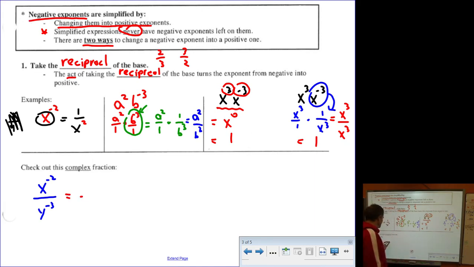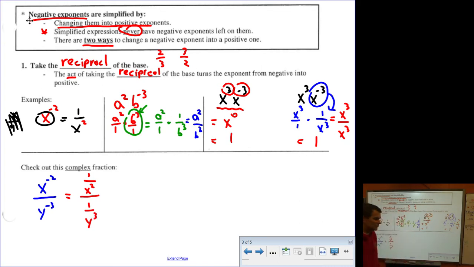So, what is the reciprocal of x to the negative second? Well, that would be 1 over x, and it would be to the positive second, right? And what is the reciprocal of y? Well, that would be 1 over y, and now it would be to the positive third.